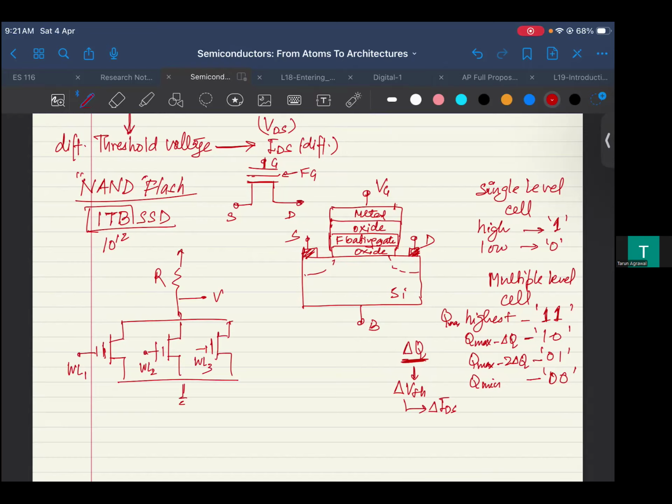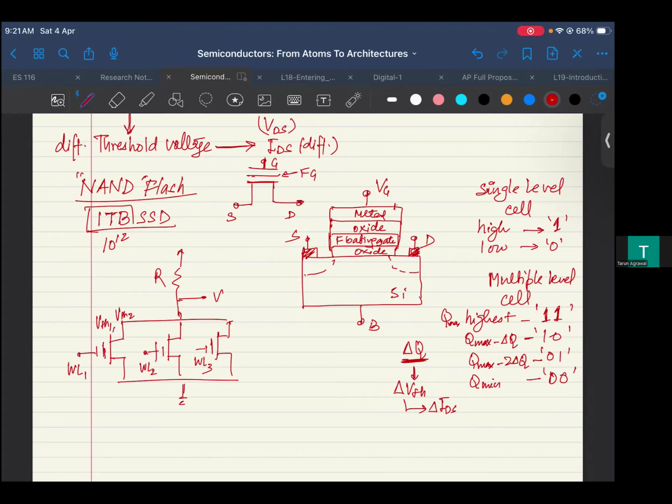So when you want to read any cell, you can read it independently, because it can tell you how much the change in your current is. Whenever you change the WL here, it would be able to tell whatever state VTH it is in. For example, this could be in two states, VTH1 and VTH2.